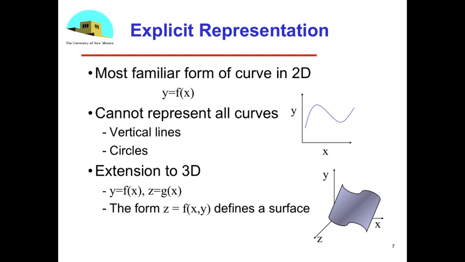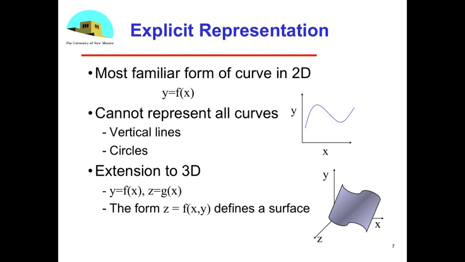Now, if you go to 3D, the corresponding forms are really twofold. If you want a curve in 3 dimensions explicitly, then you have two functions: one that determines the y for every x and another that determines the z for every x.